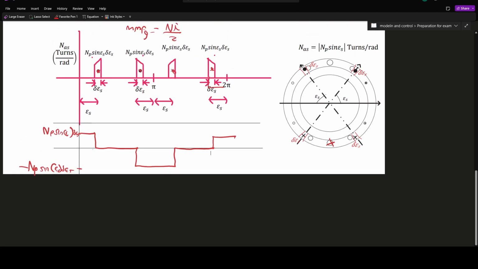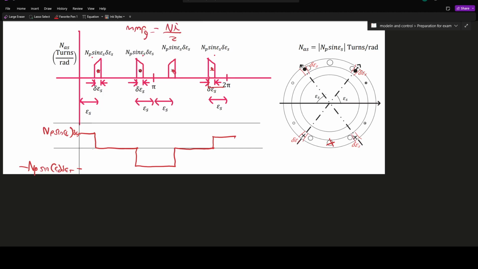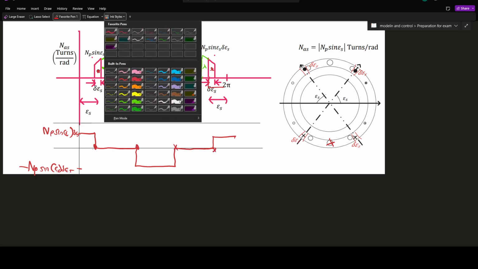Okay, but now how about if we add another one right here? We add another dot here, another dot here, another cross here, and another cross here. These are the dots and crosses for the red one.